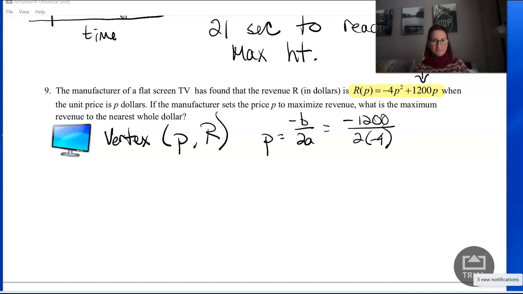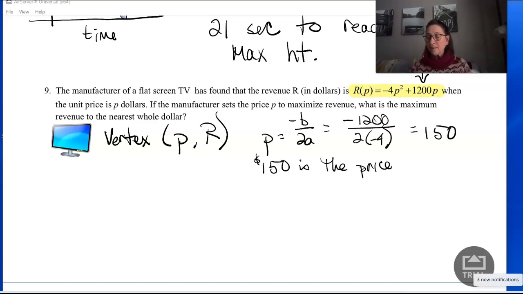Negative 4 is my a. And so that is going to give me 150. So that means that $150 is the price needed to maximize revenue.